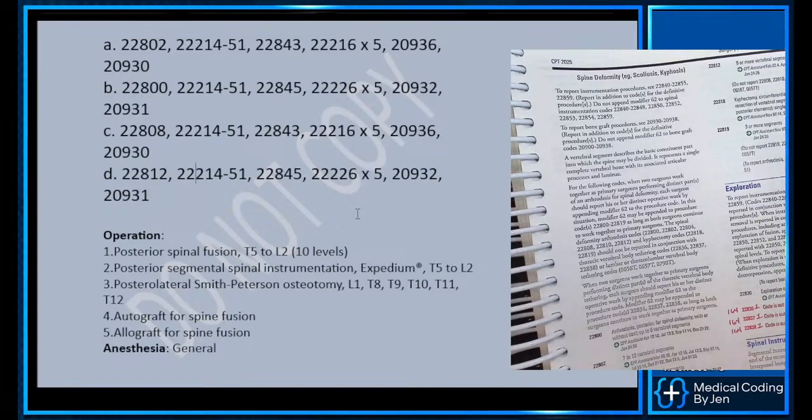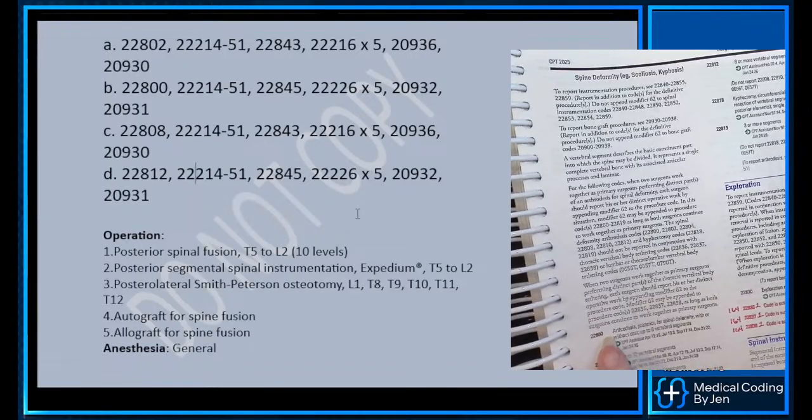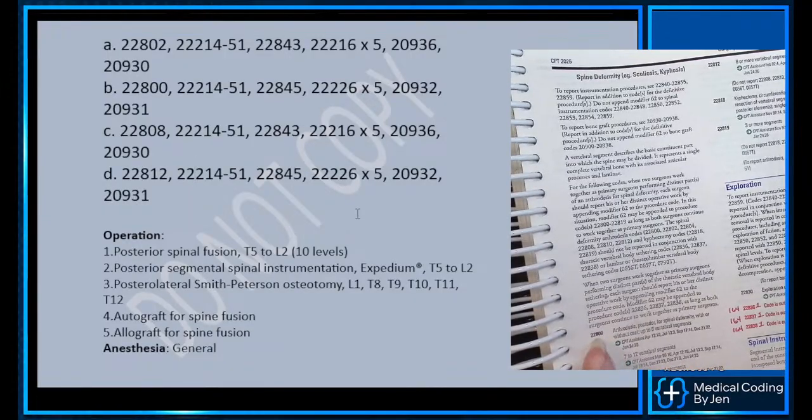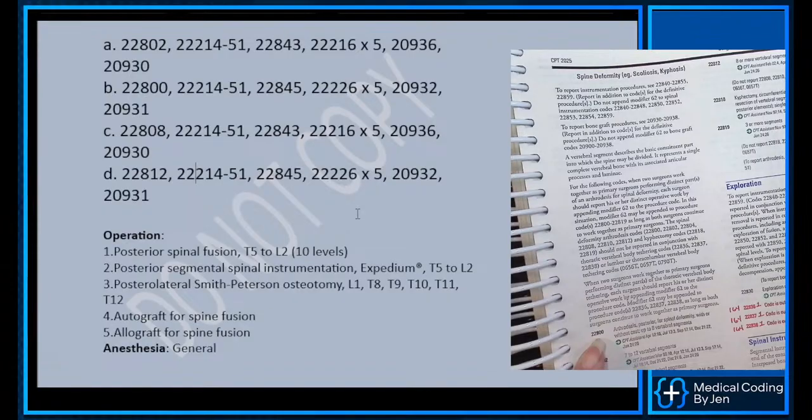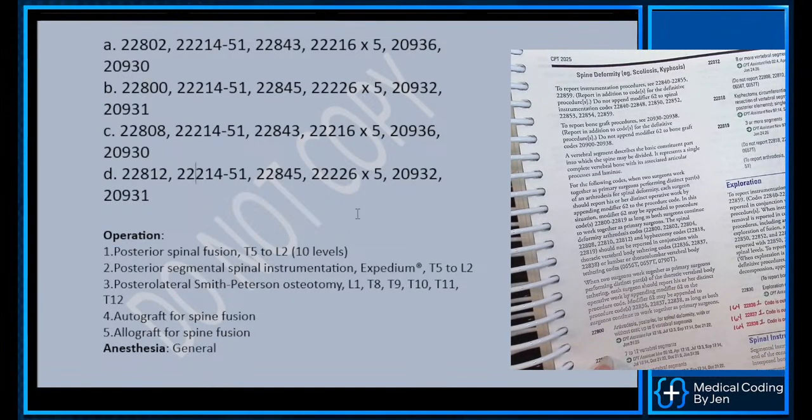What's our differences between these? Our 00, which is B, is posterior with 6. 02 is also posterior with 7.